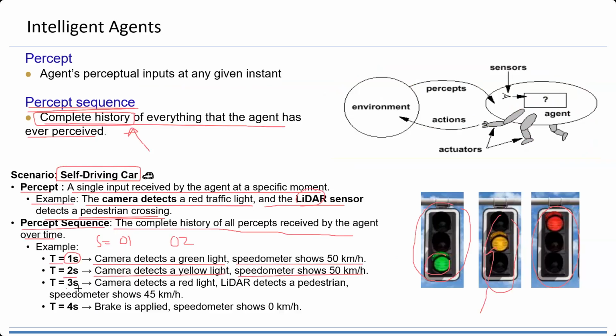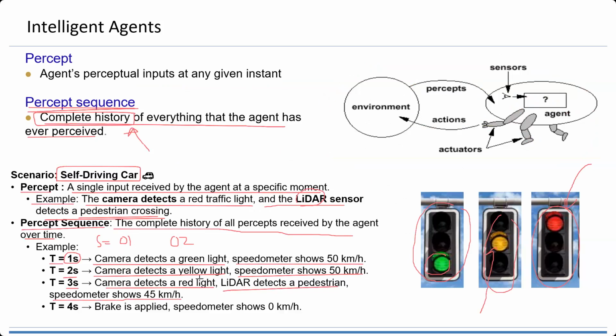And then in second number 3, now the camera sees the red light. Because the camera sees the red light, and the LiDAR sensor detects a pedestrian, the speedometer will be reduced.